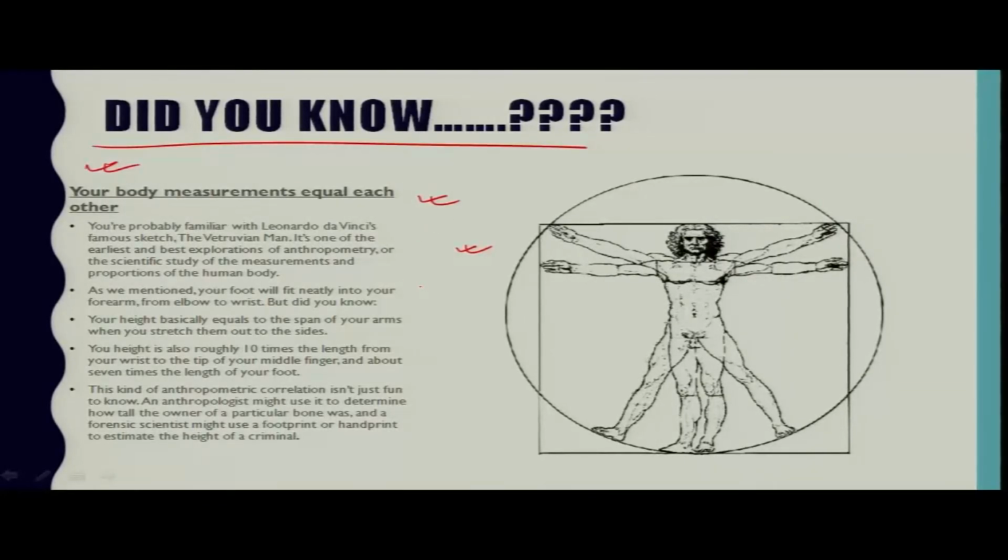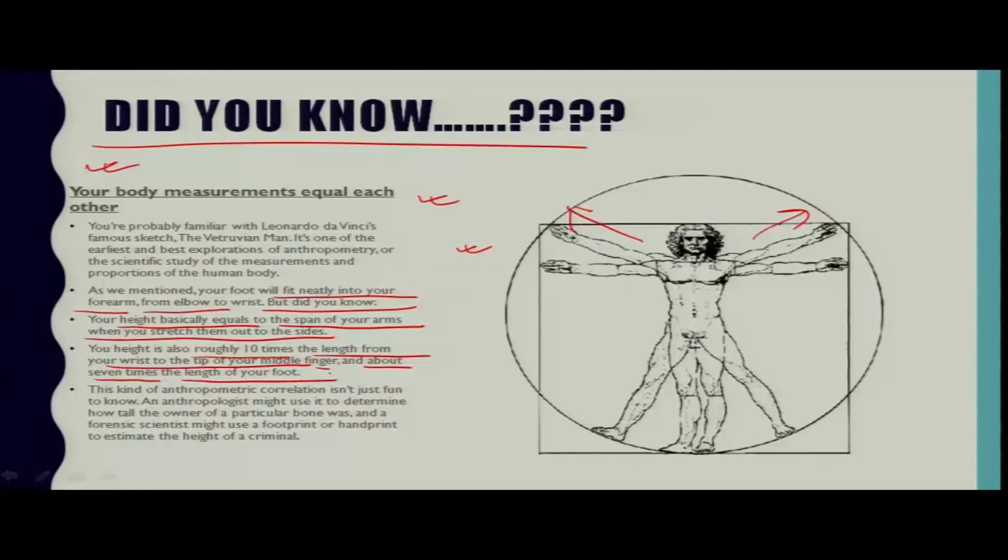As we mentioned, your foot will fit neatly into your forearm from elbow to wrist, but did you know that your height basically equals the span of your arms when you stretch them out to the side? Your height is also roughly 10 times the length from your wrist to the tip of your middle finger, and about 7 times the length of your foot.